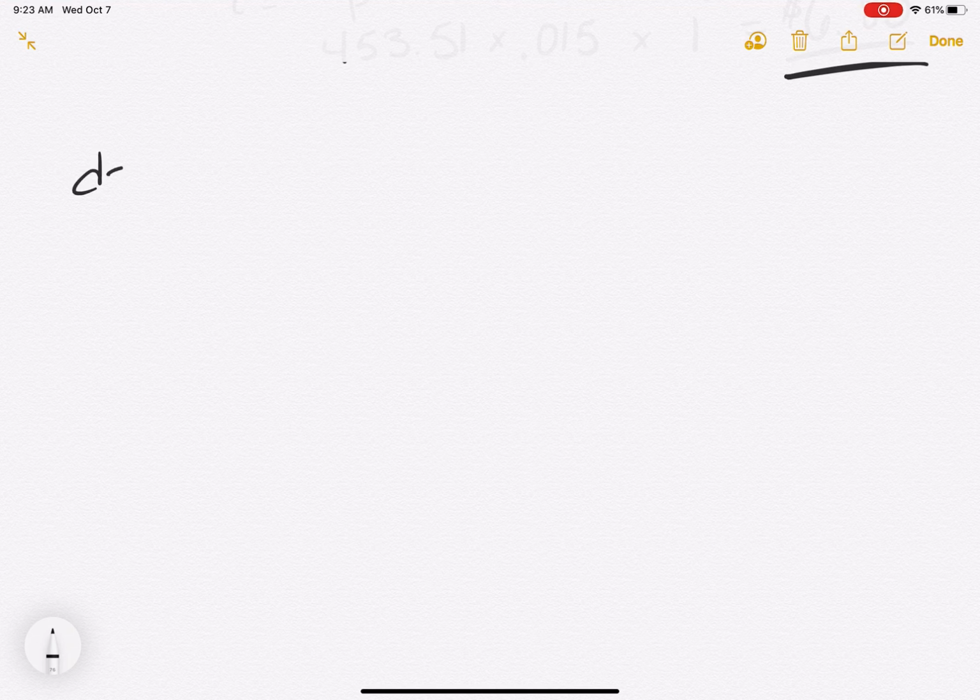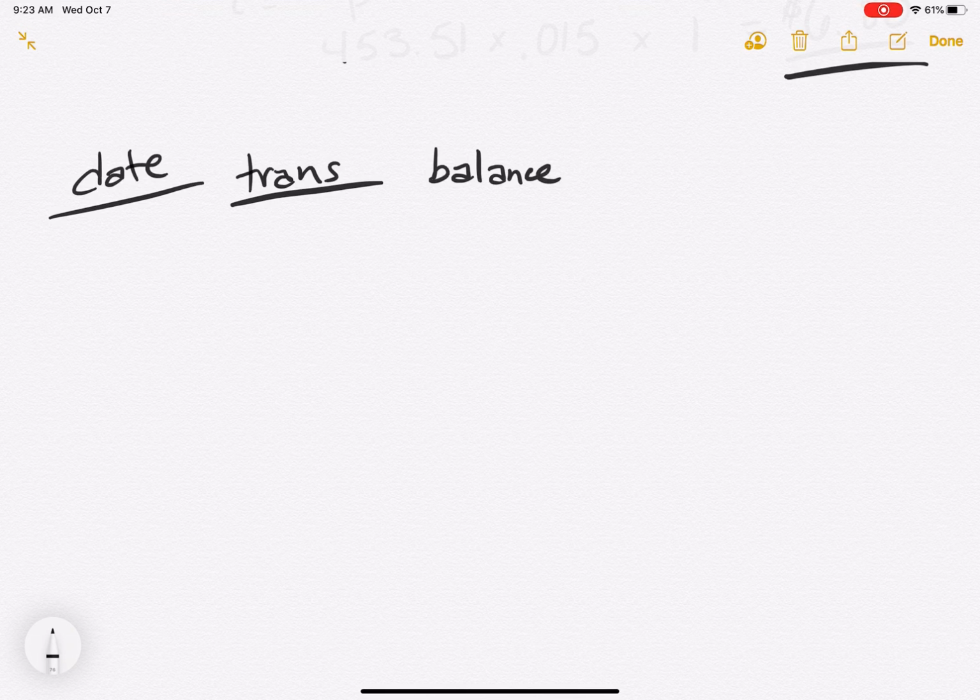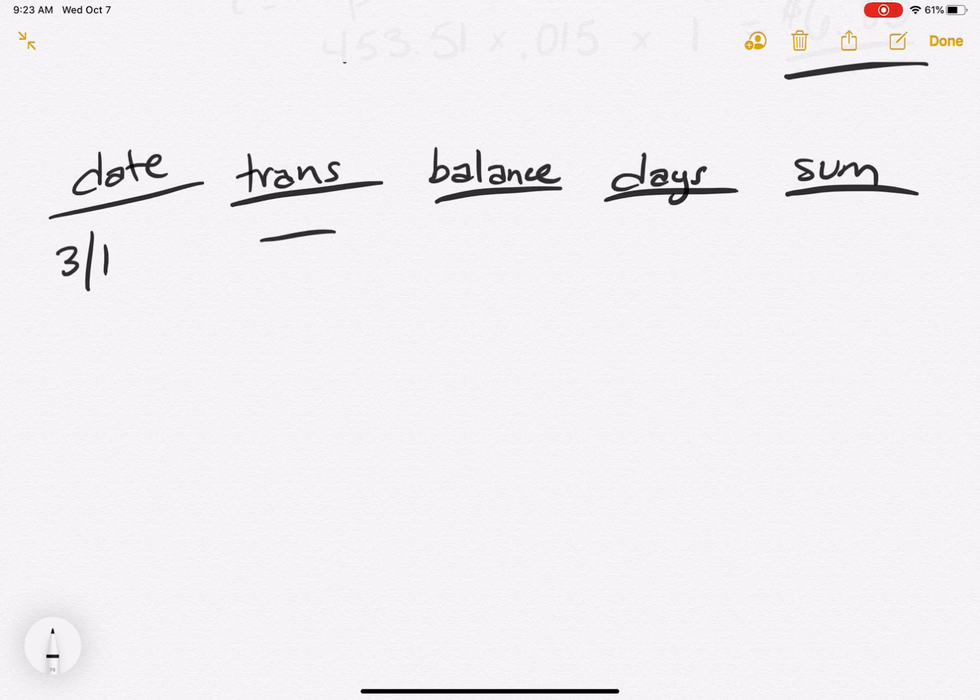Okay, so let's do D. Let's set it up: date, transaction, balance, days, sum. Jorge has a credit card, and the beginning balance on 3/1, March 1st, was $221.48.